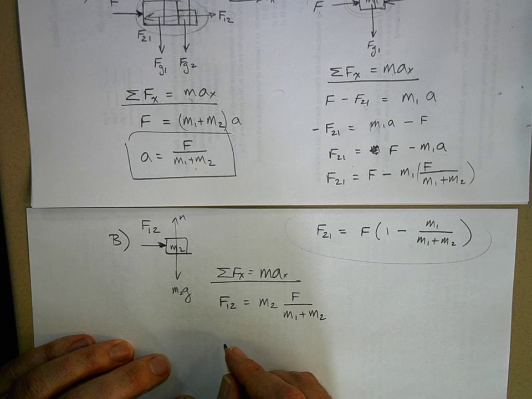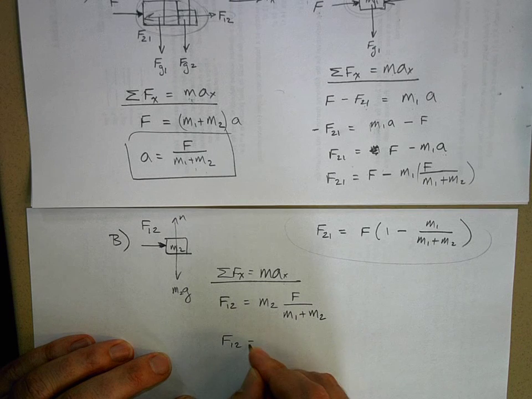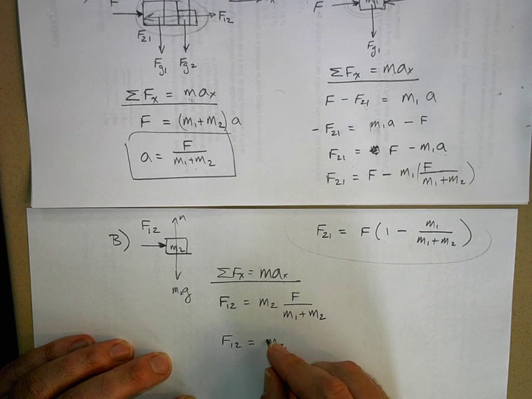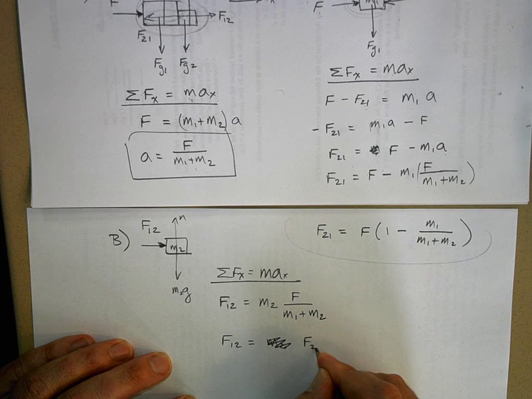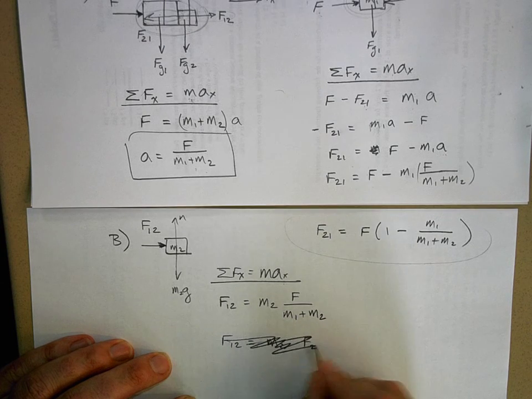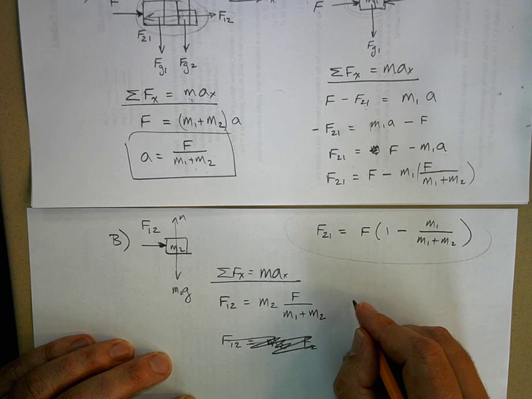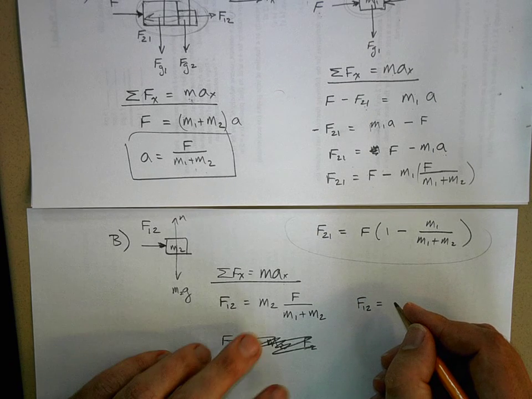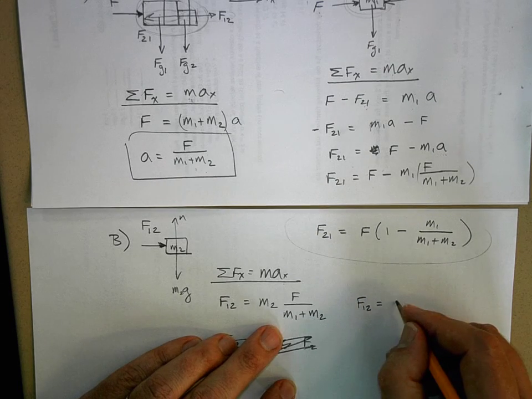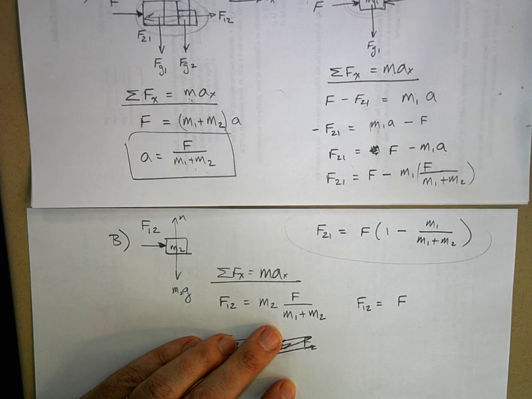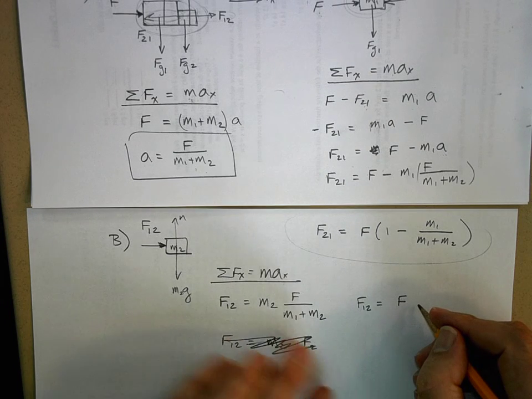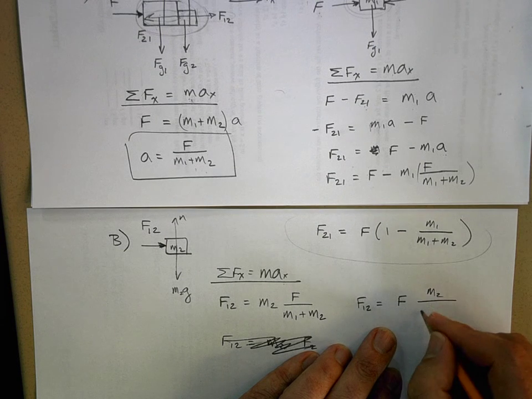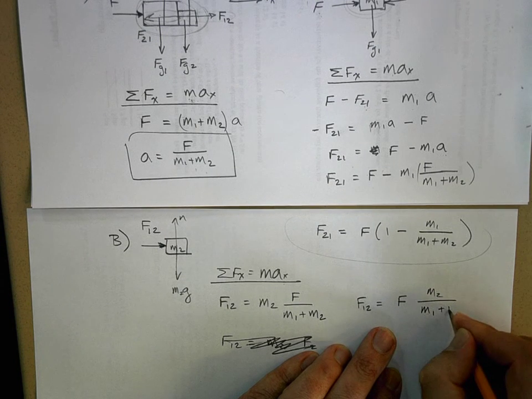And so F1 on 2 equals the force times the ratio, or times M2 over M1 plus M2.